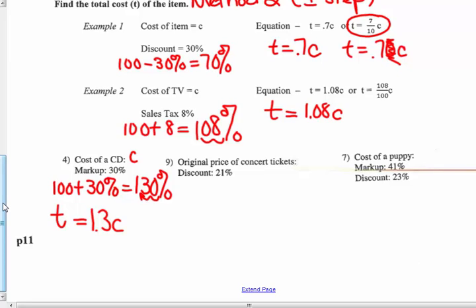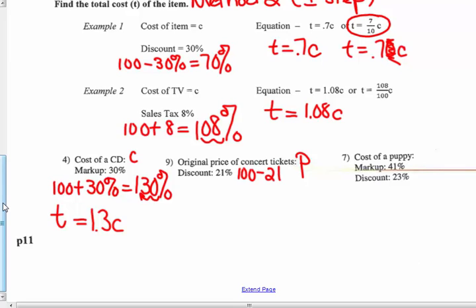Number 9 here. The original price of a concert ticket. Let's use P for price. It's discounted 21%. Well, if it's discounted 21%, I know I'm going to pay 79%.